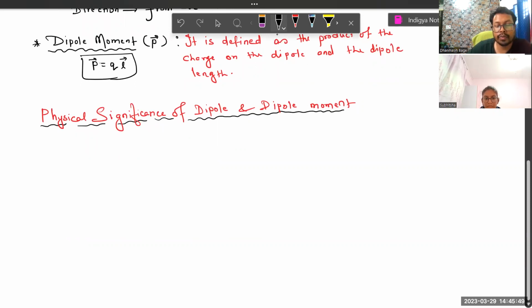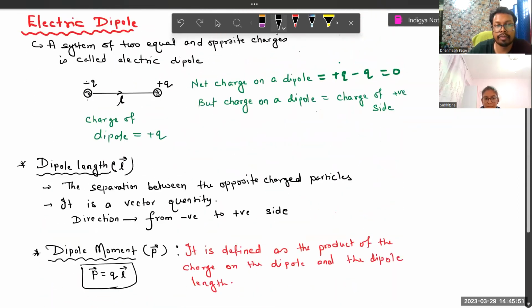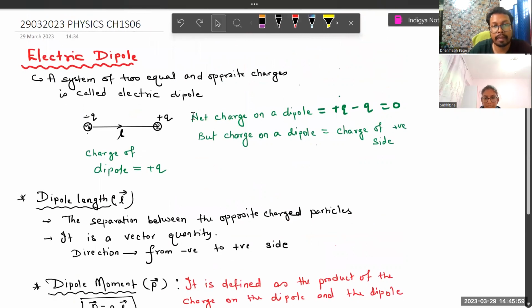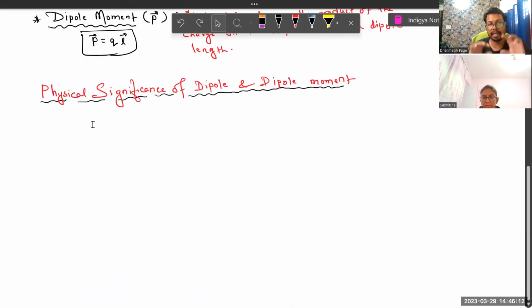Just see that usually we don't come across this kind of dipoles, but we define dipoles like this. Like there is a separate charge minus q and there is a separate charge plus q. This kind of separation is not possible in the real world. In the real world, what kind of dipoles are found? For example, any atom can be treated as a dipole.